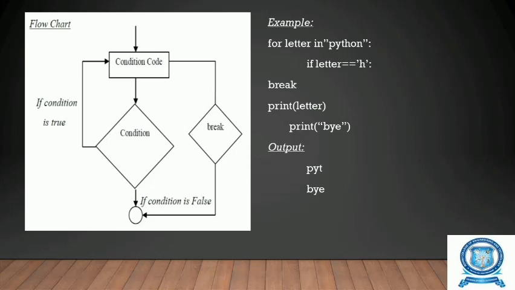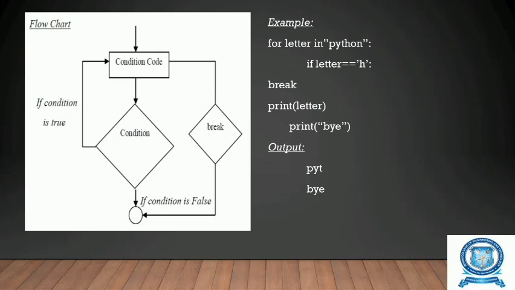Okay. The given example has a for loop, that is for letter in Python, where Python is a string. If letter equal to h, when the letter in this loop equals h, then we say to break.